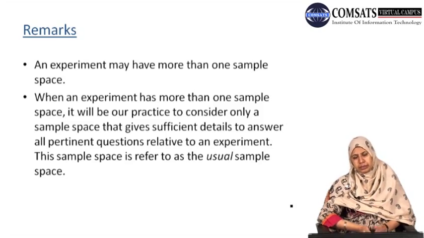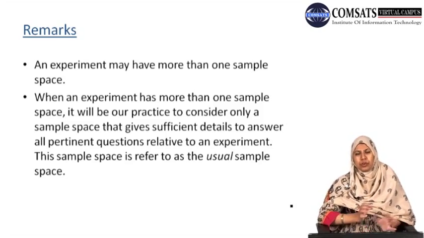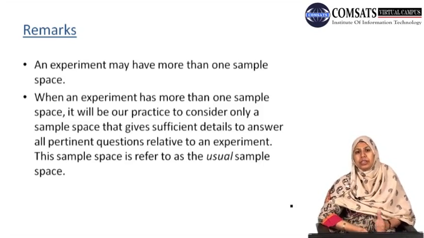In order to determine the answers of all the relevant questions of the experiment, we will consider only one sample space which answers all our required questions, and this sample space is usually called the usual sample space.